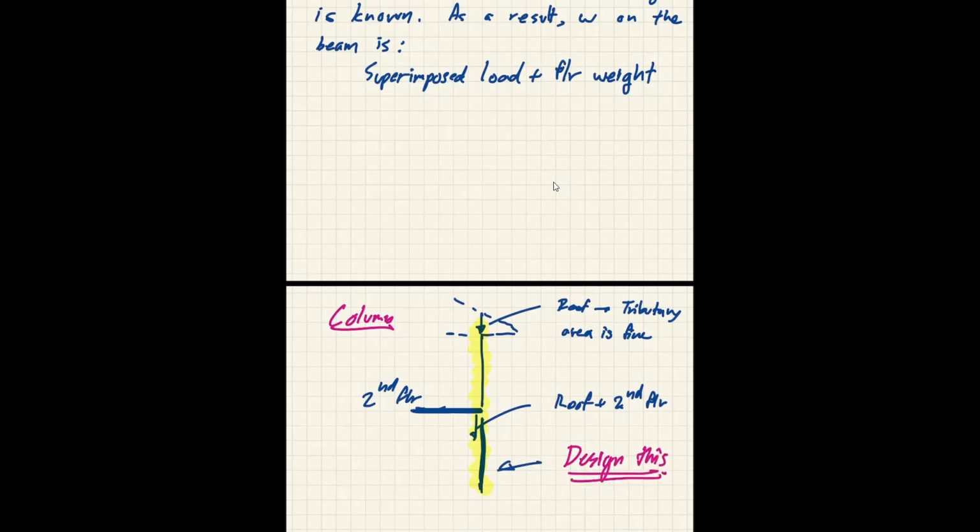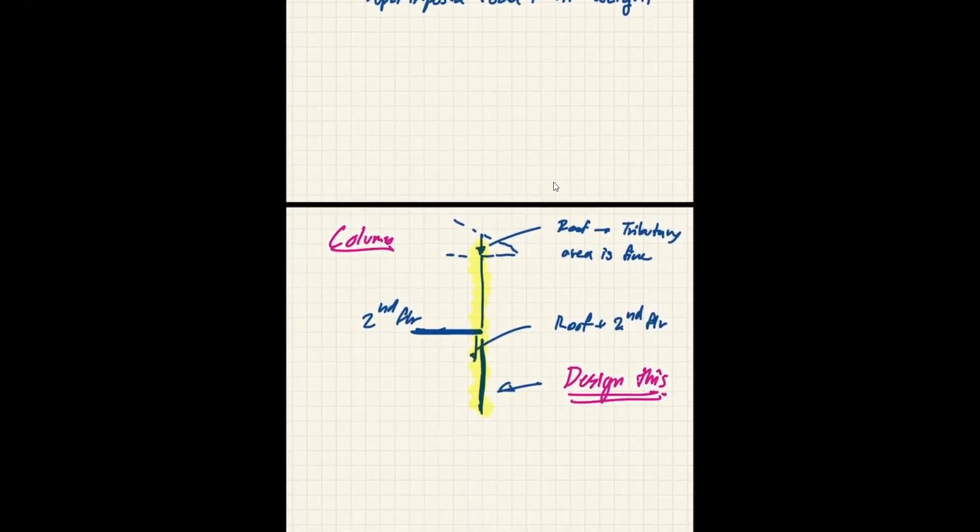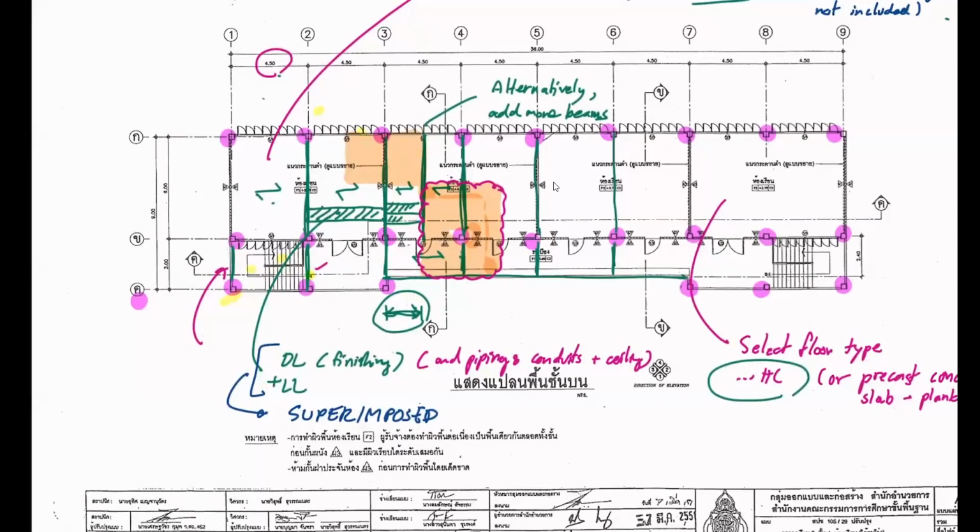Okay, and then we are going to design base plate here as well. So because we are going to design just one column, let's do it 2 in the plan. Okay, so let's design this one and then that one. You may call this one C1 and then C2.